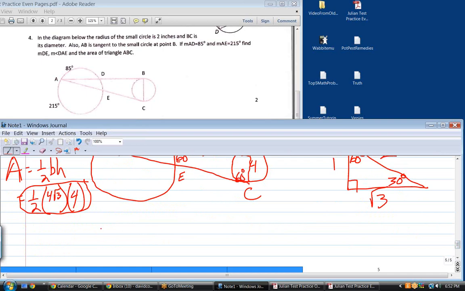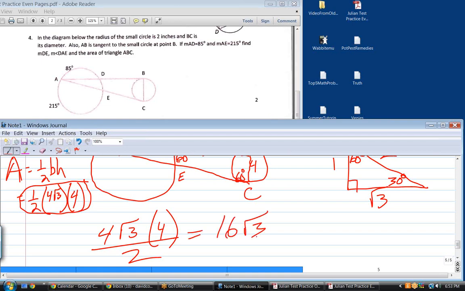We got 4 root 3 times 4 divided by 2. So, is it 16 root 3 divided by 2? Correct. Is it 8 root 3? Yep. Okay, all right.